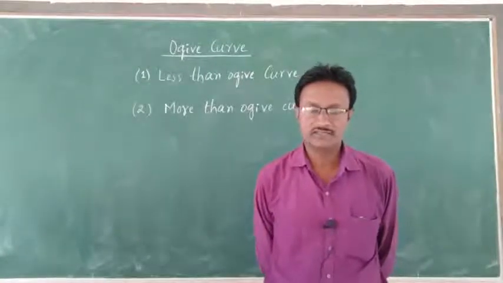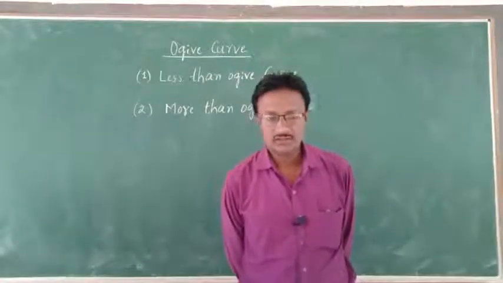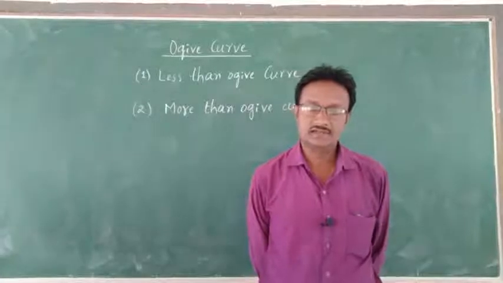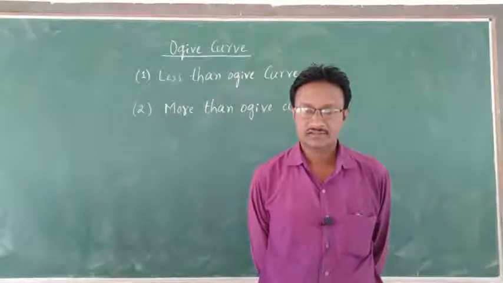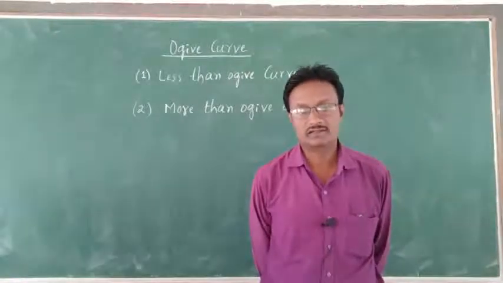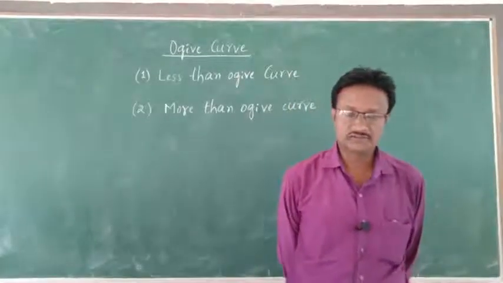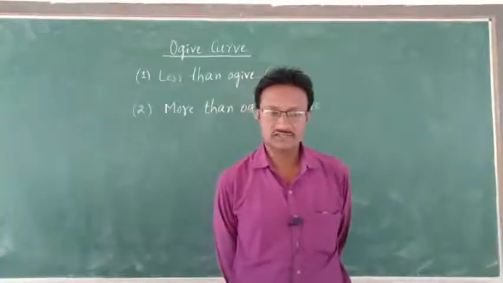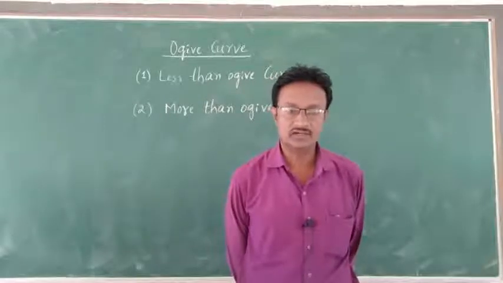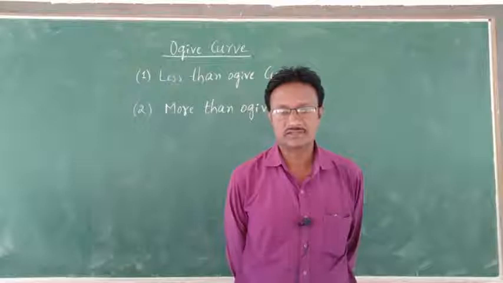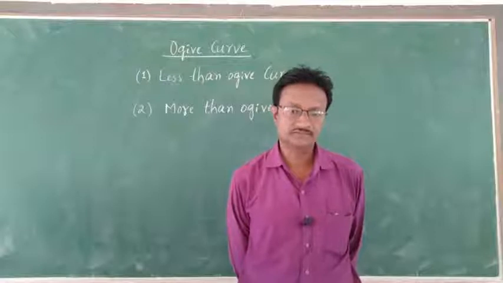So, for constructing more than ogive curve, lower class boundaries are taken on x axis and more than cumulative frequencies are taken on y axis, and corresponding to lower class boundary and more than cumulative frequency, the points are marked and all the points are joined by a smooth freehand curve to get more than ogive curve.